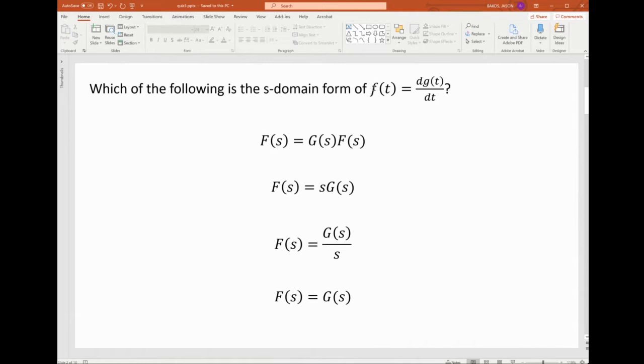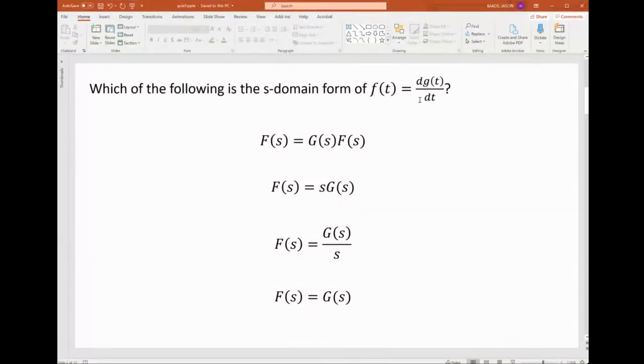First of all, notice that when we do the S-domain transform, the Laplace transform, we capitalize F and G, and instead of being functions of time, they're functions of s. When you do the derivative of g of t, that is transformed as just s times G of s. And so that's the correct answer, the second one there.